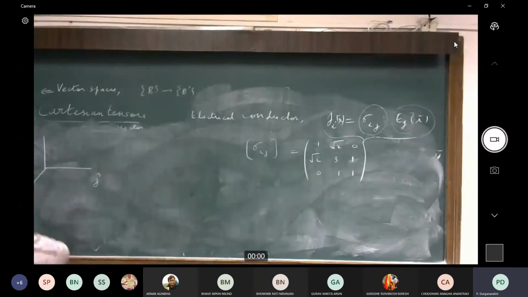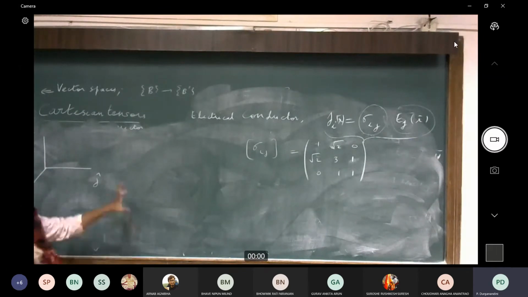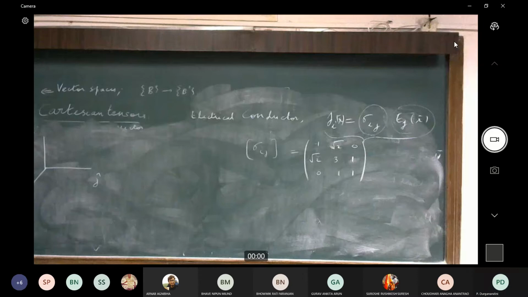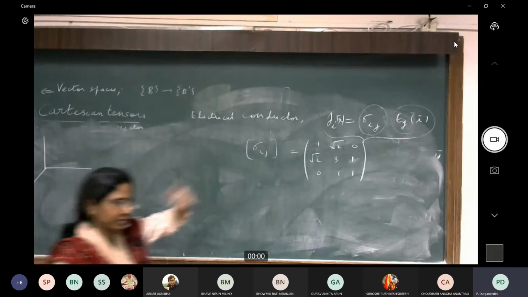Now I'm going to tell you to show that there is some direction along which there is no current flow. How will you find it? Show that there is at least one direction along which, and when I say direction, it means not just XYZ, but a particular direction along which, if you apply the electric field, there is no current.